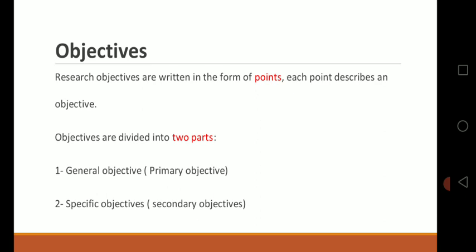The first part is called general objective أو primary objective. تمام. يعني الهيدنج بتاع الobjectives فيه subheading فيه 2 subheadings اللي هو the general أو the primary objective و the second part اللي هو second subheading هو the specific objectives أو the secondary objectives. Okay, we will come and discuss each part of these objectives. تمام، نشوف بنكتب in each objectives what do we write.